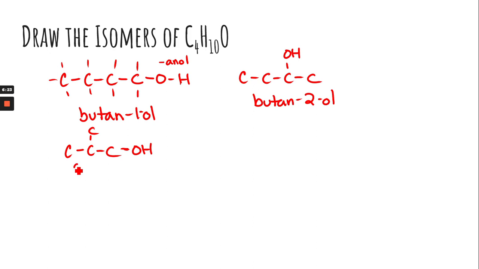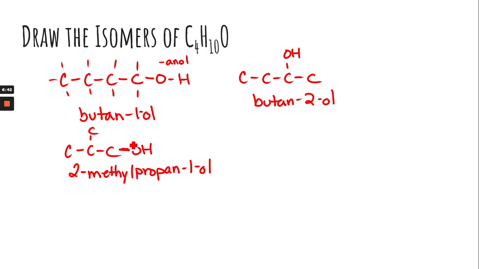So this would be 2-methyl, and it's on the second carbon because the first carbon has to have that functional group on it. Prop, 3 carbons, and 1-ol. So that alcohol is on that first carbon.